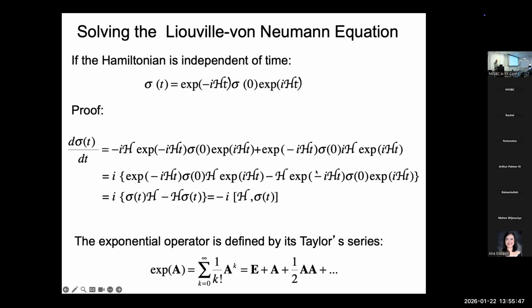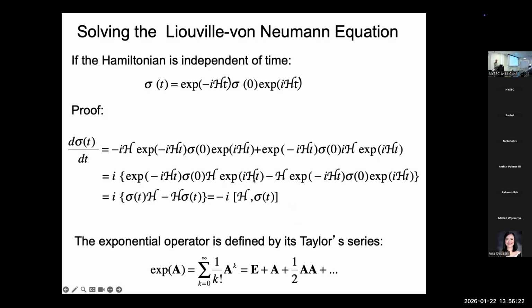A common trick is that H commutes with its own exponential, because when I do the expansion, H will commute with the identity operator and it'll commute with itself.